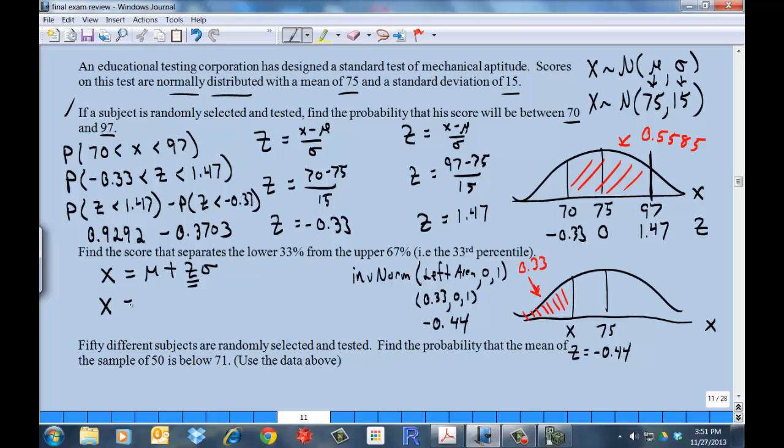So now we can go ahead and plug everything in. The mean is 75 plus the z-score minus 0.44 times the standard deviation of 15, and we get x is equal to approximately 68.4.